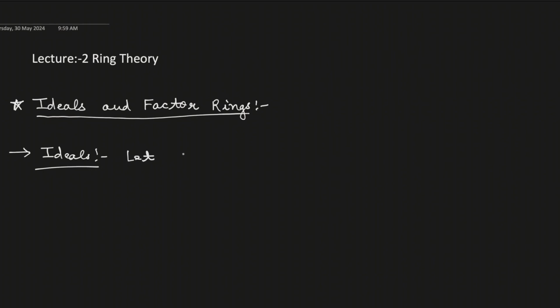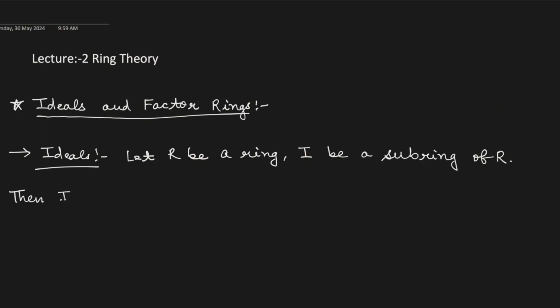Let R be a ring, I be a subring of R, then I is said to be an ideal.